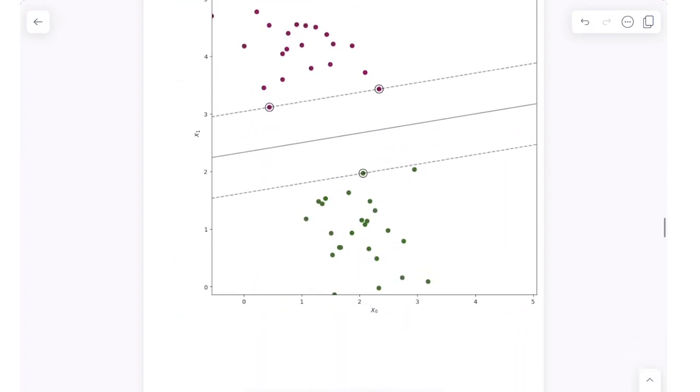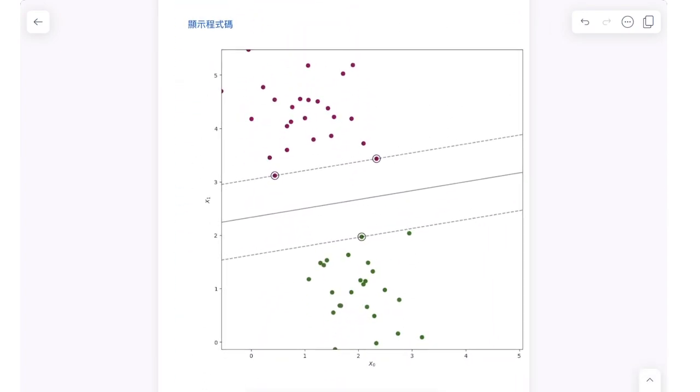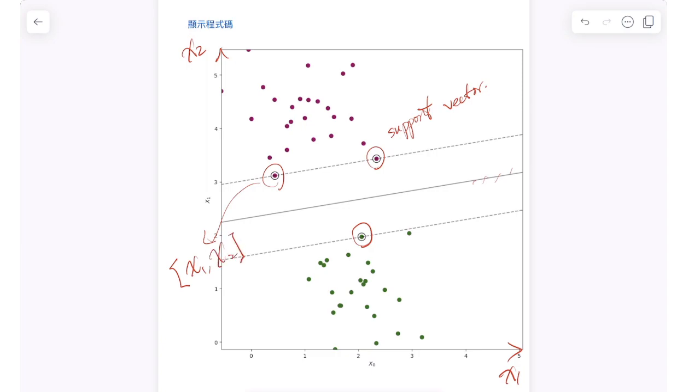Okay, so that is the concept of SVM, and the points right here, which help us find the boundary line, right? These data points are called support vectors, because it is a two-dimension space, so every point right here can be represented as a vector.